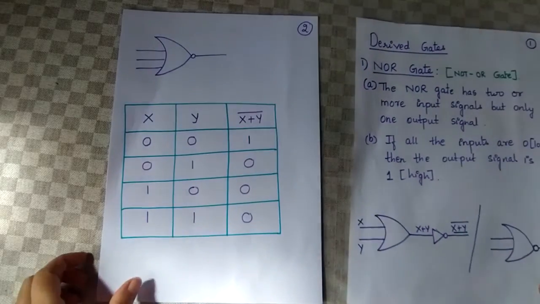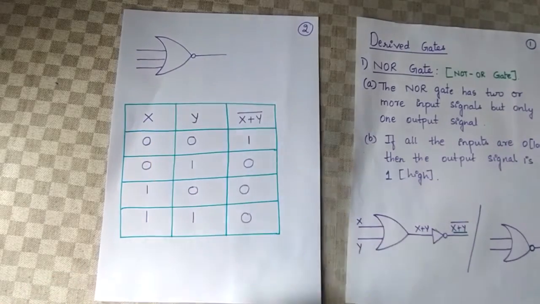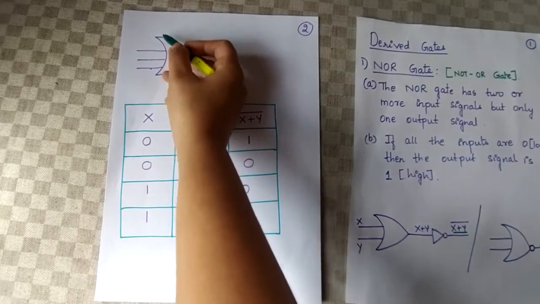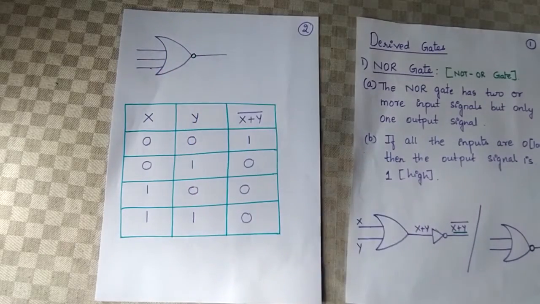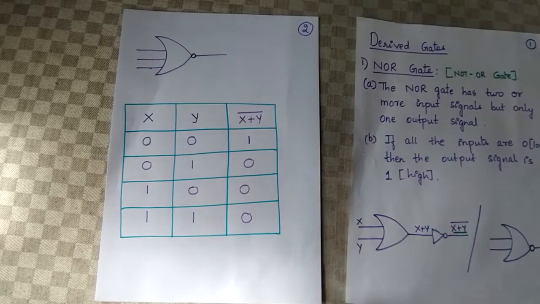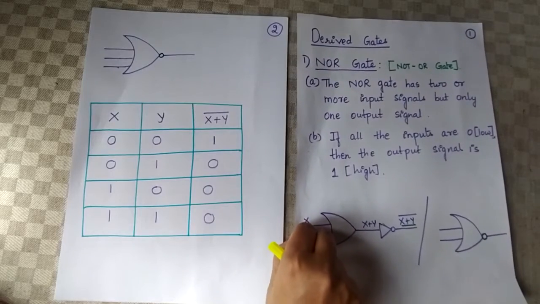Similarly, you will have the NOR gate for 3 inputs also. In the same way, you provide 3 inputs to the OR gate. Applying the inverter, it is going to invert the value and give you the result for the NOR gate. Now, let's see what the truth table says when it comes to NOR gate.